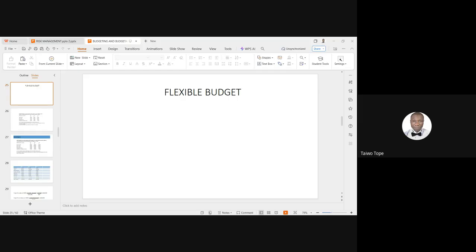Once you identify these two points in the given information, you apply the concept of what? The high-low method. How do you come up with it? It is your change in total cost divided by change in activity.